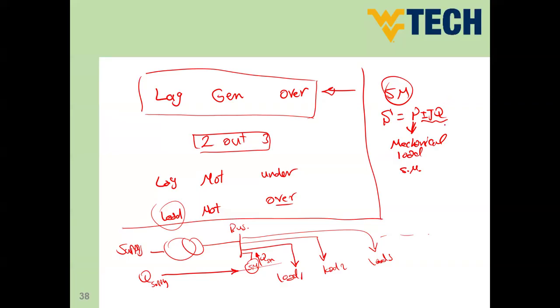Okay? So the question is, why not make this synchronous motor work at leading power factor mode to deliver some reactive power to our loads? What is the concept? Why do we need that? Actually, we need to do that in order to reduce the amount of reactive power absorbed from the supply.